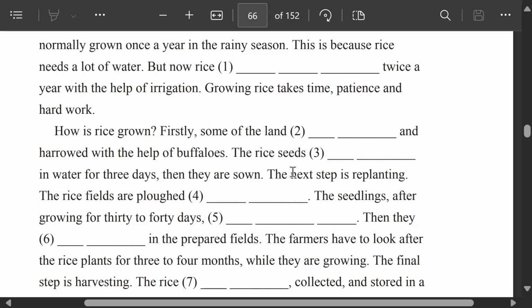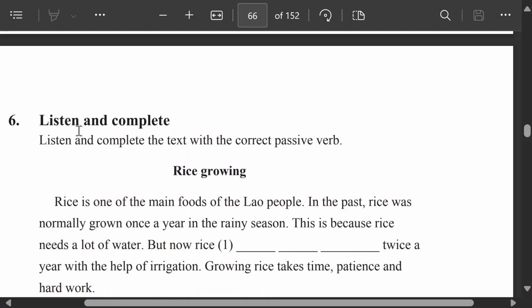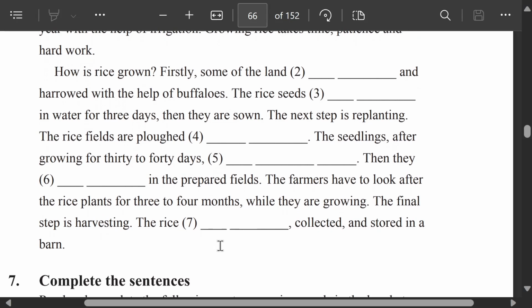I don't know what could go here, right? Because this is a listening exercise. The rice fields are plowed and something.